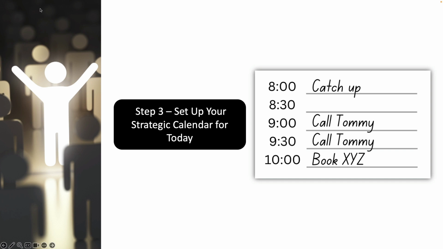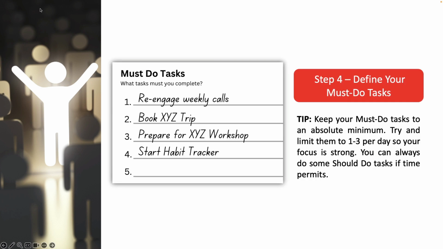So use this as your strategic calendar to work out where you've got time in the day to do things, and then allocate that time. And then you can go back and block that time out in your Outlook calendar or wherever so that somebody else doesn't override it with another task, okay? So it's about being strategic with your calendar.